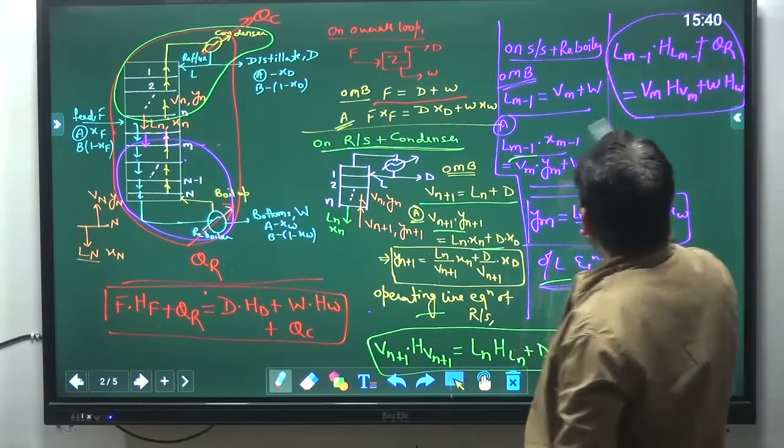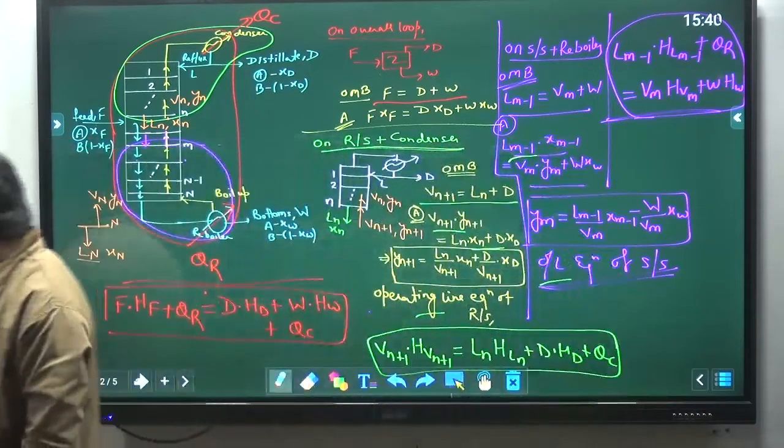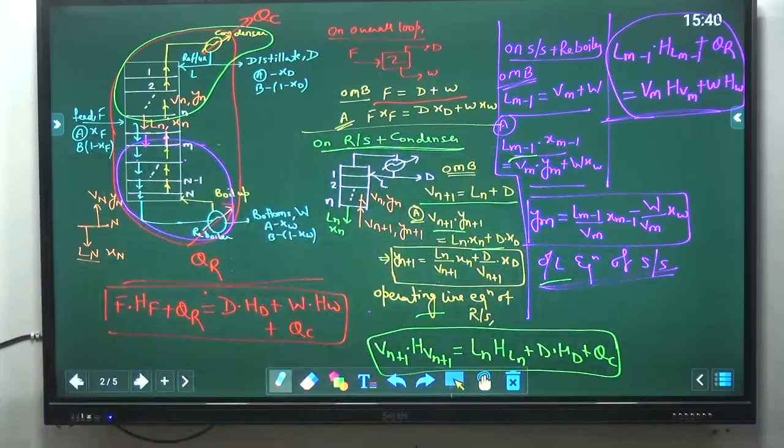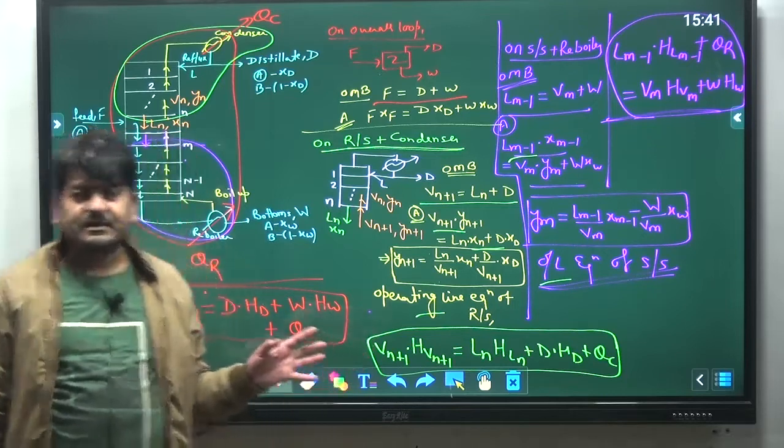This is the energy balance for the stripping section plus reboiler. Okay, so I hope all these things are clear to all of you.